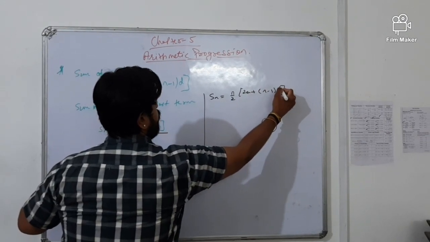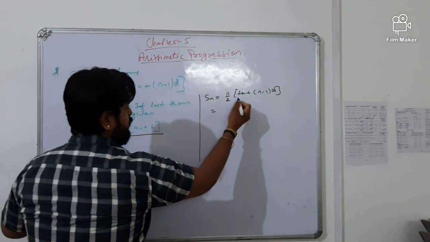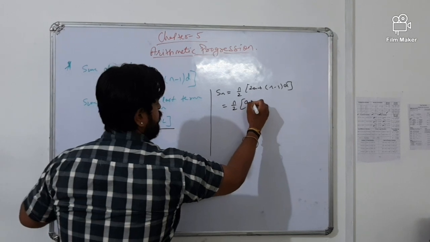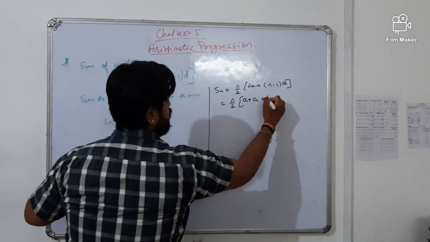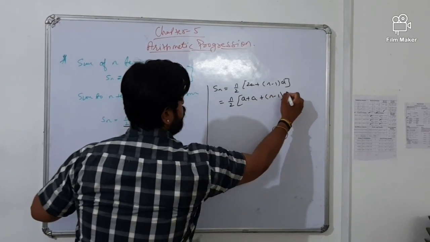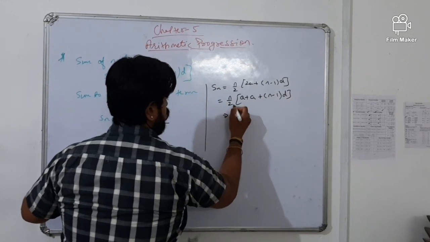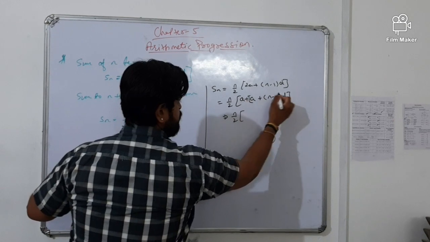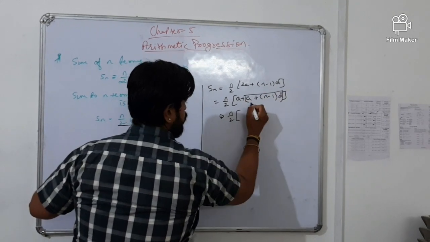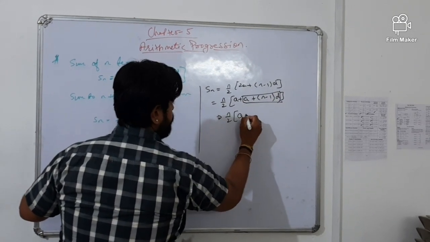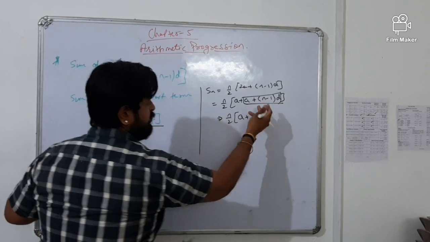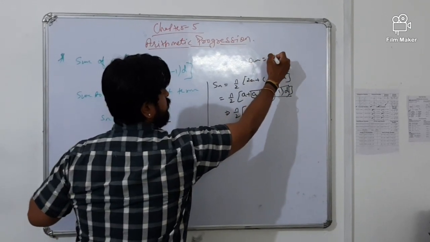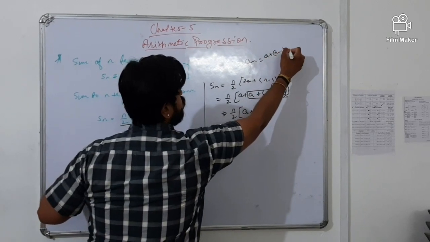Break the 2a into a plus a, plus (n minus 1) into d. Now make a group of the terms: you get a plus (n minus 1) d. And what is the formula of this? An is equal to a plus (n minus 1) into d.